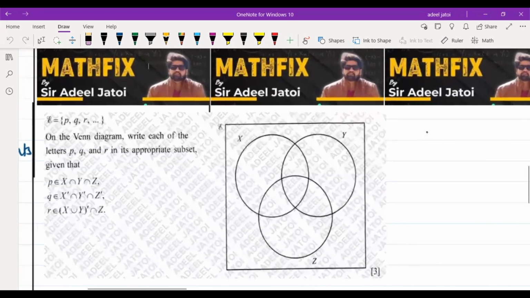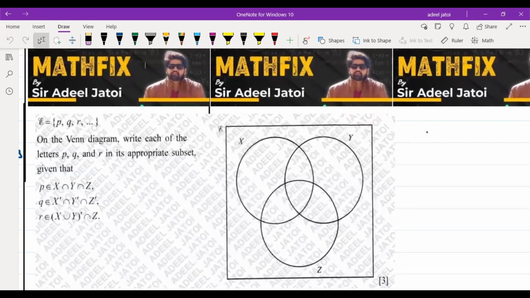We can always expect such questions. The question directly says that P, Q, R is in the universal set. On the Venn diagram, write each of the letters P, Q, R in the appropriate subset, given that P is an element of X intersection Y intersection Z.